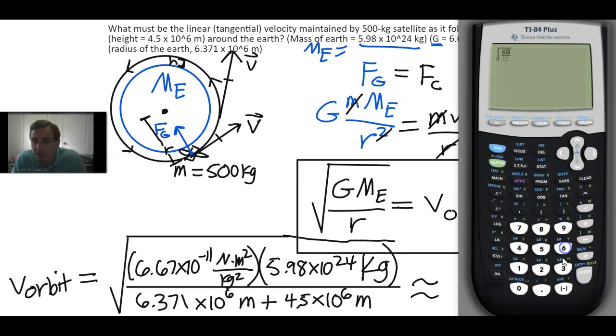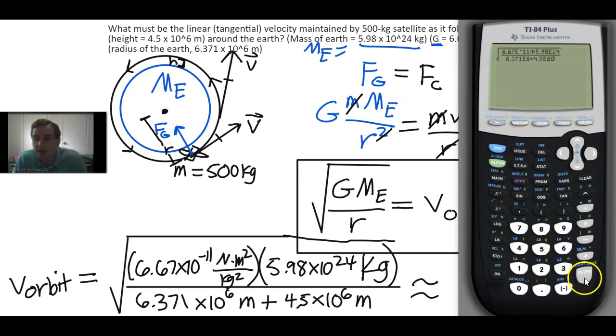And I'm going to perform 6.67 times 10 to the minus 11th times 5.98 times 10 to the 24th, that's kilograms, that's the mass of the Earth, and we're going to divide that by 6.371, this is the radius of the Earth, times 10 to the 6th, plus the height the satellite's above ground, 4.5 times 10 to the 6th.